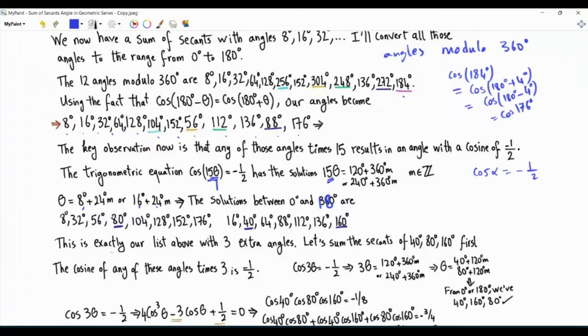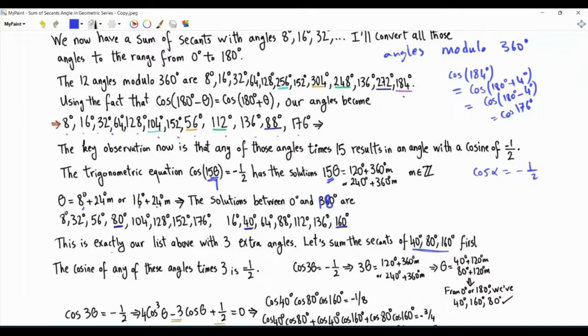So we have our list of angles, and in addition to this, we also have 3 extra angles, and those angles are specifically 80 degrees, 40 degrees, and 160 degrees. So we have those 3 angles.